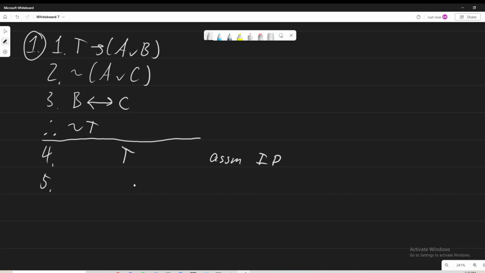In line 2, I see that we have not A or C, and with De Morgan's rule on line 2, I can get not A and not C. Now, the key thing about these indirect proof methods is that you're almost always trying to find a contradiction between simple propositions.